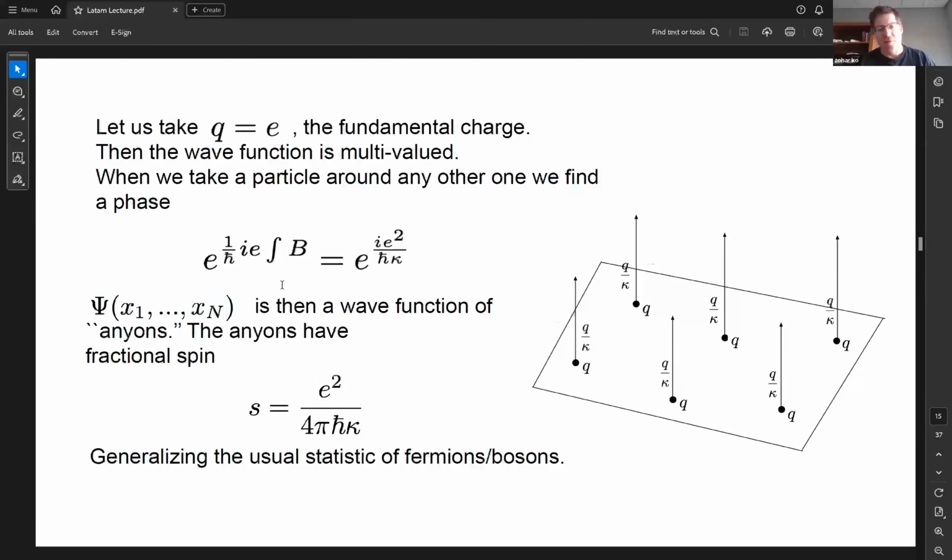With this kind of statistics, nobody has invented a smart ansatz to solve for the wave functions. And mostly people find wave functions of anyons by computer work. They just put it on the computer and ask the computer to look for these multi-valued wave functions with some very sophisticated algorithms. We don't know really how to solve this kind of Schrödinger problems, even for free particles, by the way, without any interactions. It's very difficult.